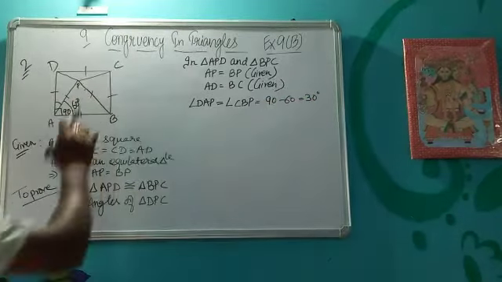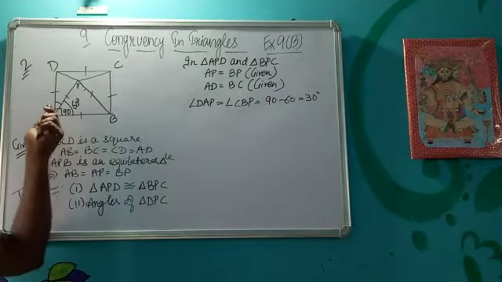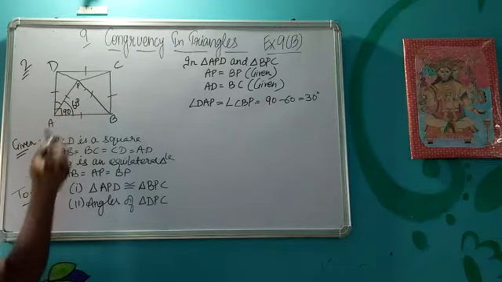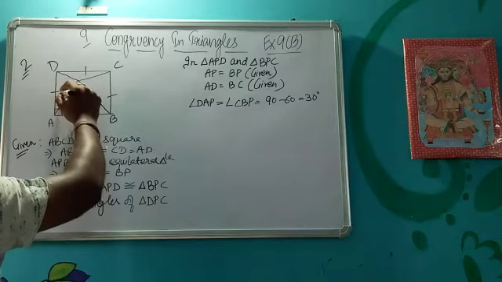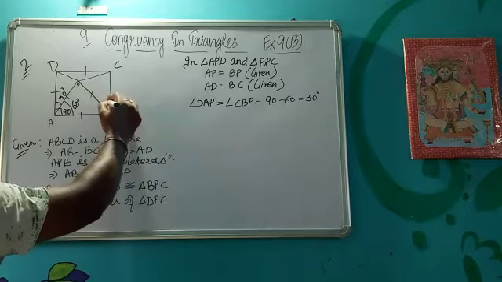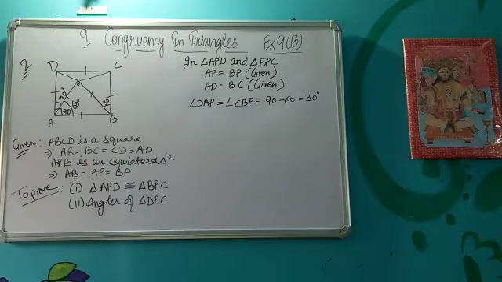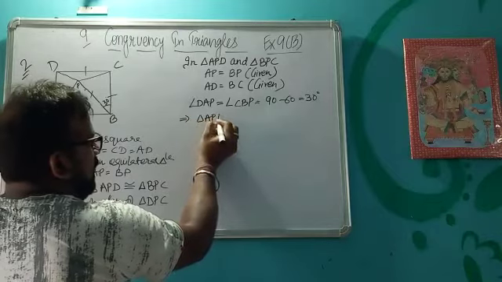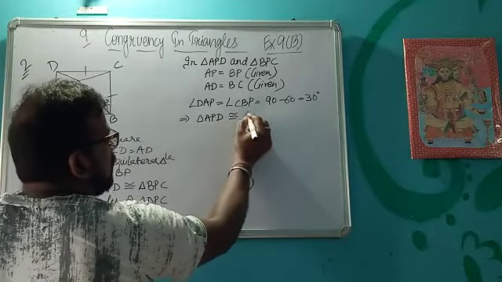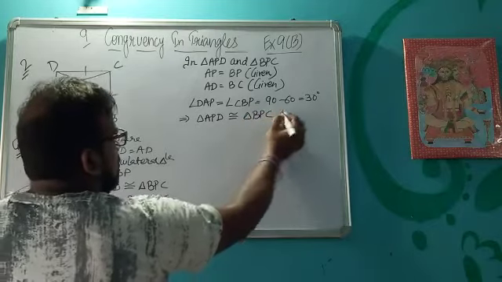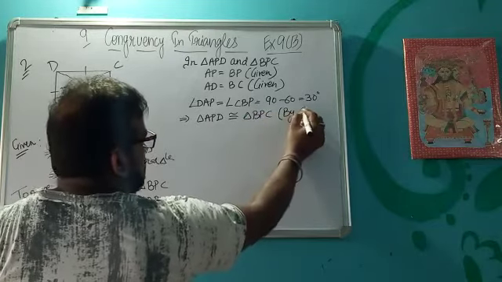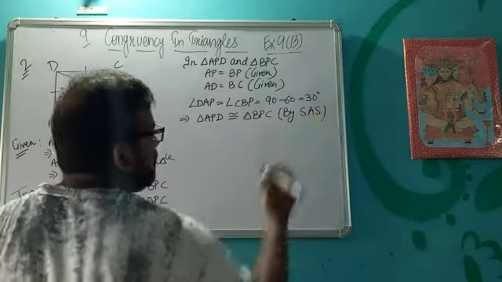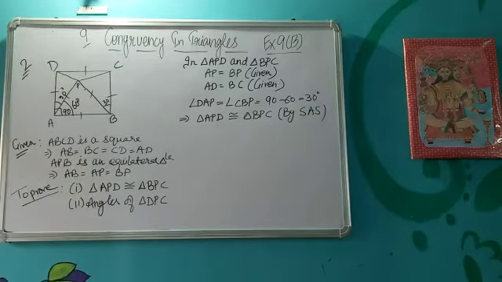Since it is an equilateral triangle, it is 60, and it is a square, so this whole angle is 90, so this angle becomes 30 degrees. Similarly here again it is 30 degrees. So we can say that triangle APD is congruent to triangle BPC by side angle side criteria. So these two triangles are congruent to each other.